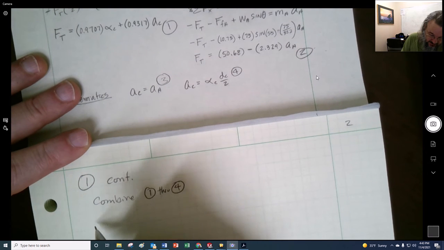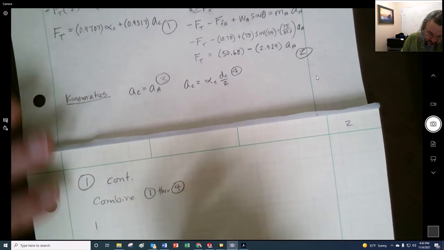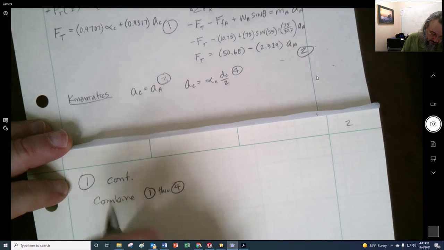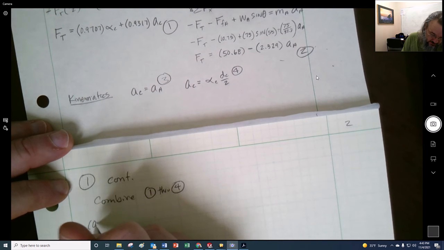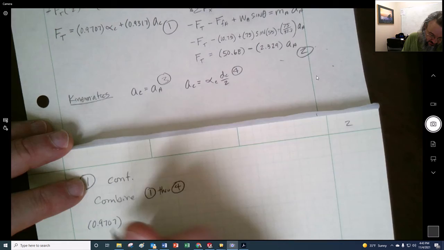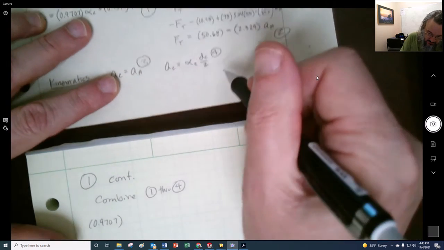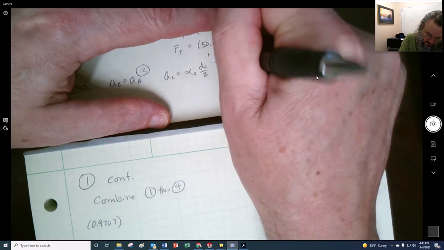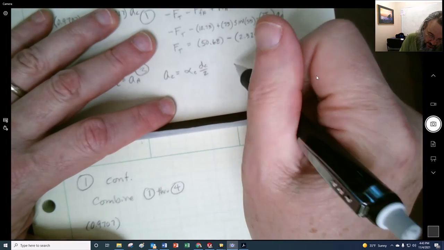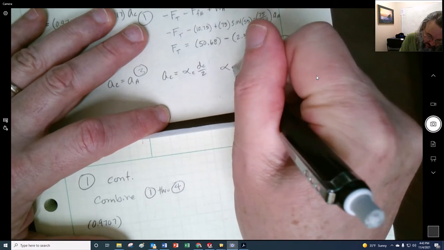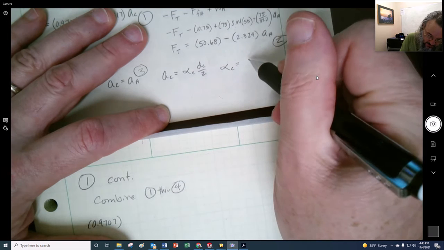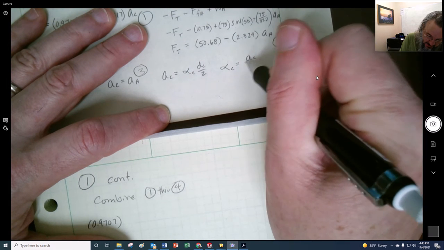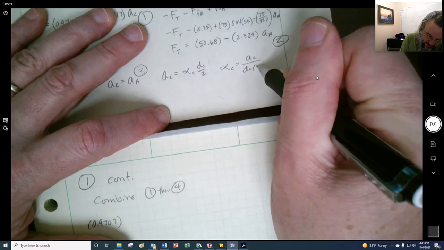So I could do it in one step. 0.9707 alpha. So therefore, alpha c is equal to AC divided by DC over 2.